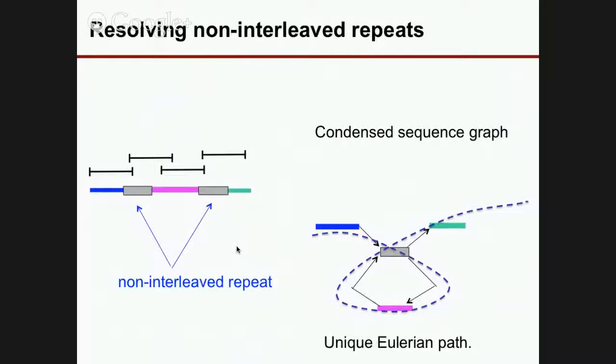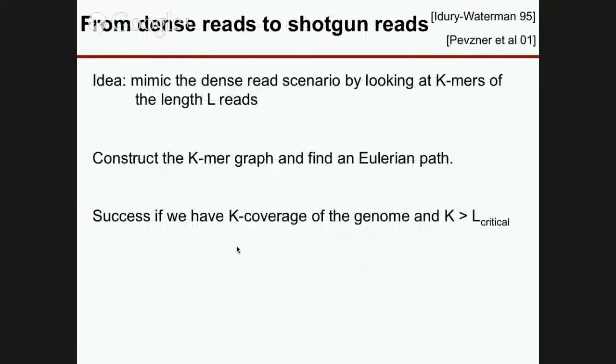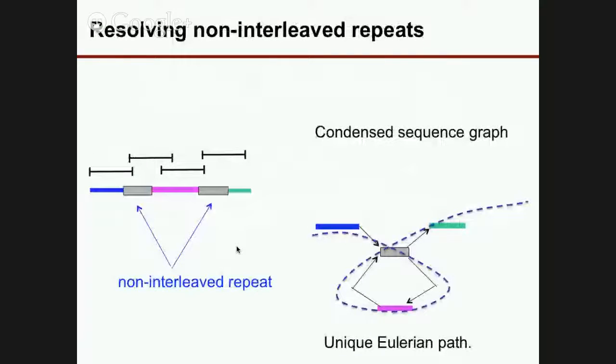So let's see now why the interleaved repeat, the non-interleaved repeat. So here I have a non-interleaved repeat. Okay, so these two repeat, and the greedy algorithm. What would the greedy algorithm do? What a greedy algorithm does is it merges nodes, basically locally.